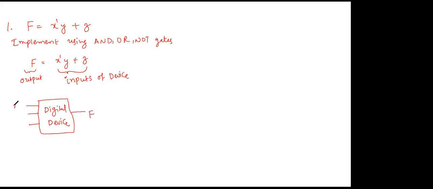Now we need to draw the internal diagram of the digital device using AND, OR, NOT gates.